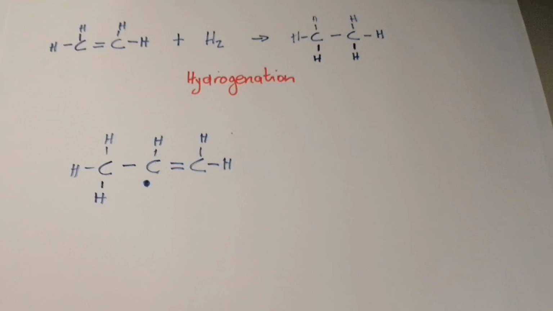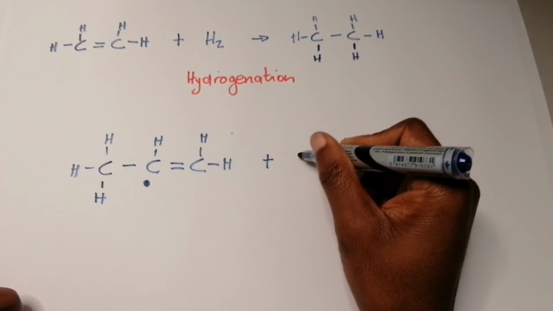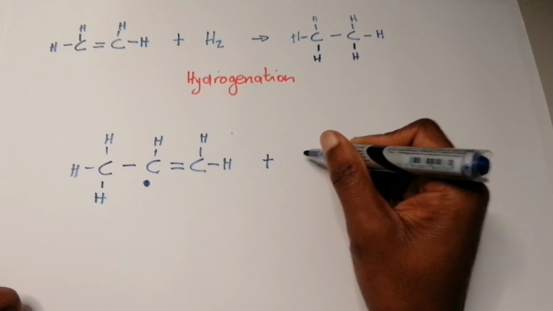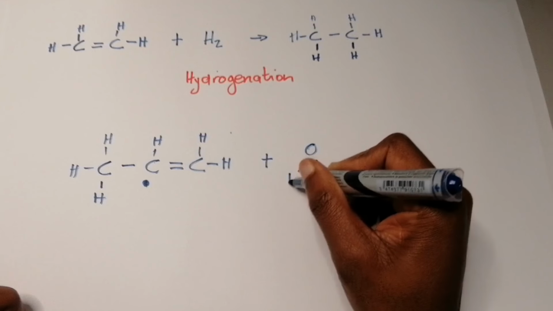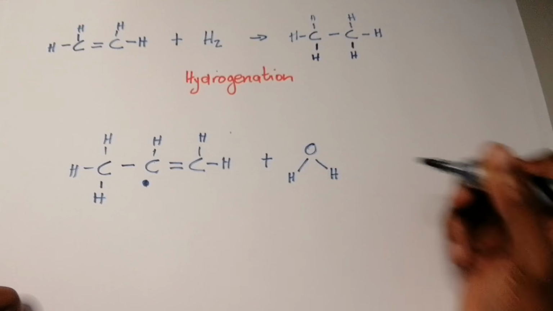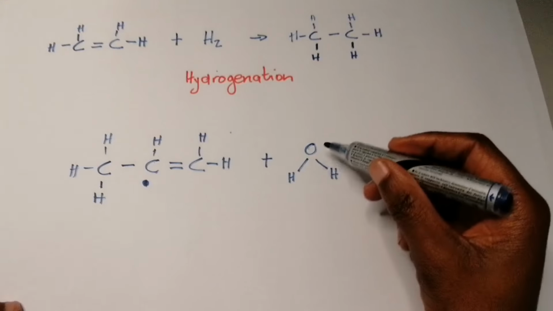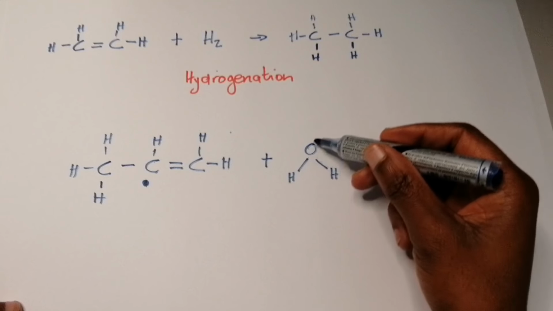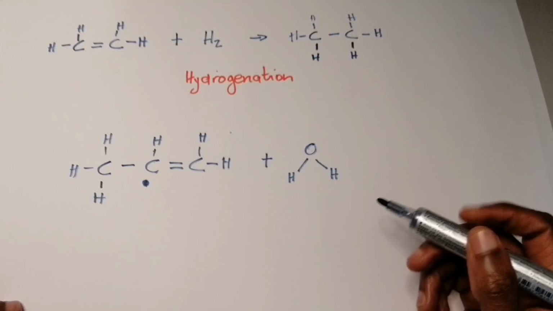Now we are taking that alkene and let's react it with water, H2O. Let me write it in structural form. So we are reacting it with H2O. Now, what happens is that H2O will break down into OH minus and H plus.